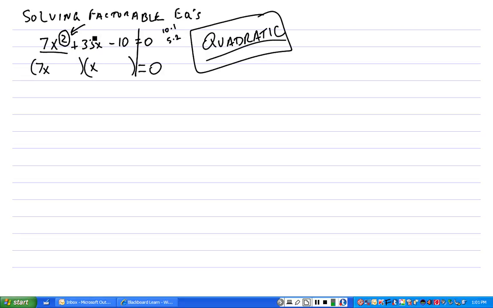Well, I know I'm trying to get to a positive 33 with my outside and inside. I know 7 times 5 is 35. That gets me close. So I want to multiply my 7 times 5 and my x times 2, and then subtract and say 35 minus 2. But I want my 35 to be positive because my middle term is positive. And so I make my minus right here.